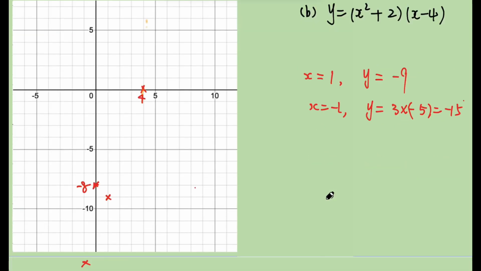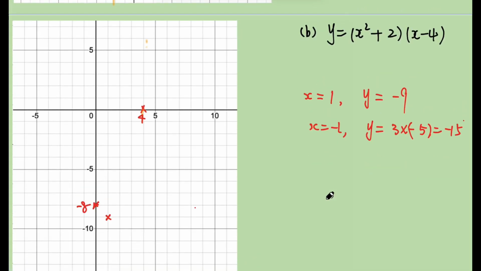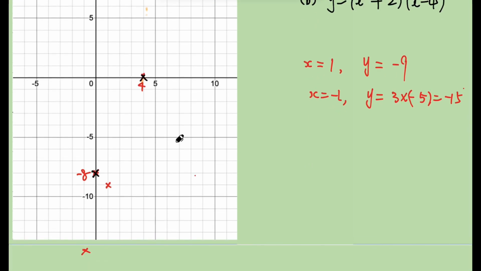Put all the key features on the diagram, then we will have the x-intercept and y-intercept. Then similarly, we will need some more points to make the graph more accurate. Here I used the point with x equal to 1 and y equal to -9, which is here. And then if I let x equal -1, y is -15. The point is here.